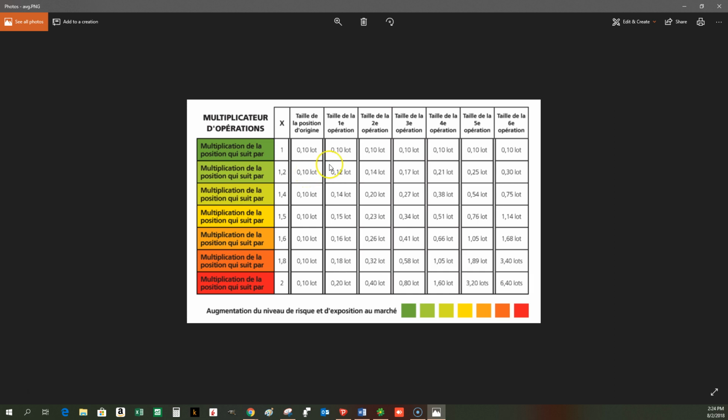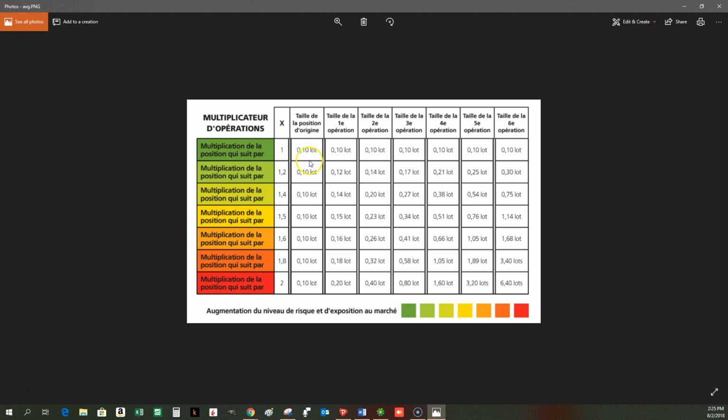Okay, I want to show you this table showing you what will be the next trade and how many lots I need to take for my next position. It's the average down strategy, and what will be my next position.